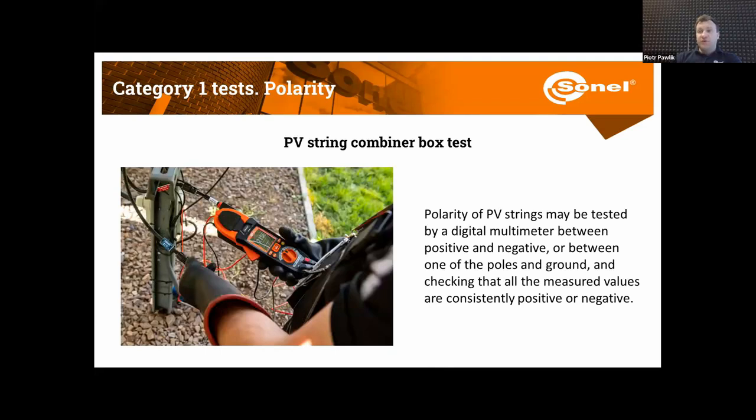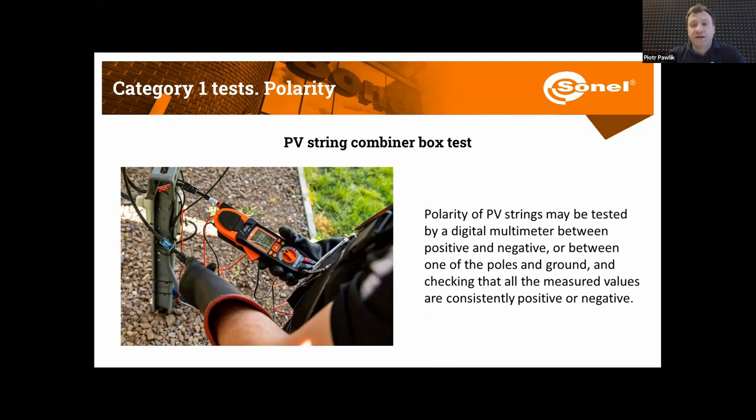Then we're going to move on to the string combiner box test, and it works like this. As standard, we need to check the voltage between the negative and positive channel. Depending on the system, it should be, for example, 1000 volts or 1500 volts.